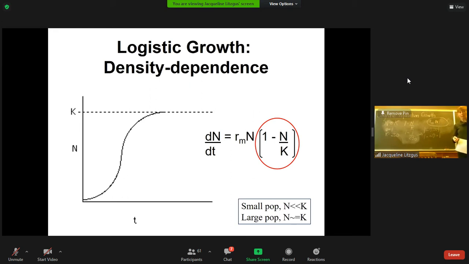And if you look at the curve on the slide, it's exactly what you see at the starting point over time. This is population size versus time. At the start, it grows exponentially because at really small population sizes, we're far away from that carrying capacity. When you do this example calculation and fill in the math, you end up with basically just r times N. So it makes sense, right?